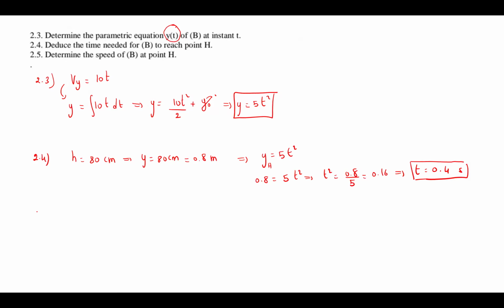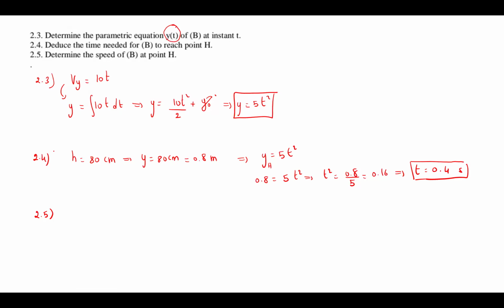Now, the last part is determine the speed of B at the point H. Now we have to pay attention here. When I say the speed of B, we're talking not only about Vx, not only Vy, but about all the speed. When I say all the speed, it means the magnitude.